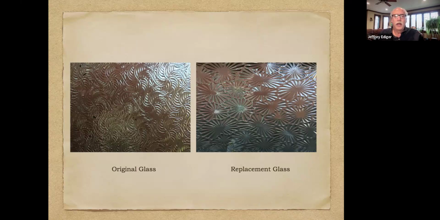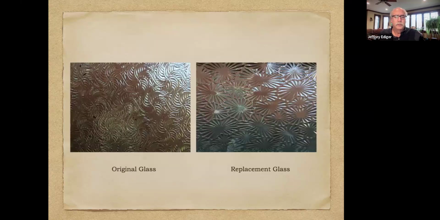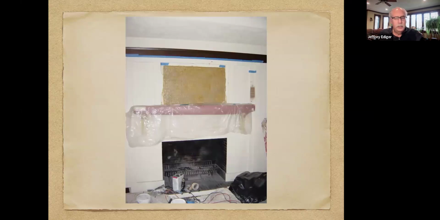Don't ask me why, how, but supposedly this glass on the right is supposed to be a reinterpretation or a reproduction of the style of the design on the left. I can't see it. Anyway, we were fortunate enough to find a piece of glass large enough for that bottom sash, so we were able to restore it with the original glass.